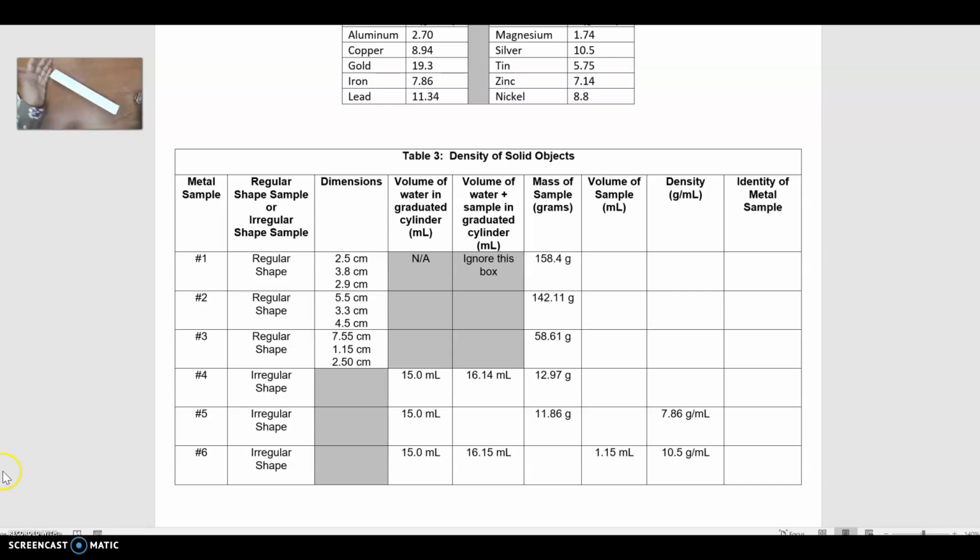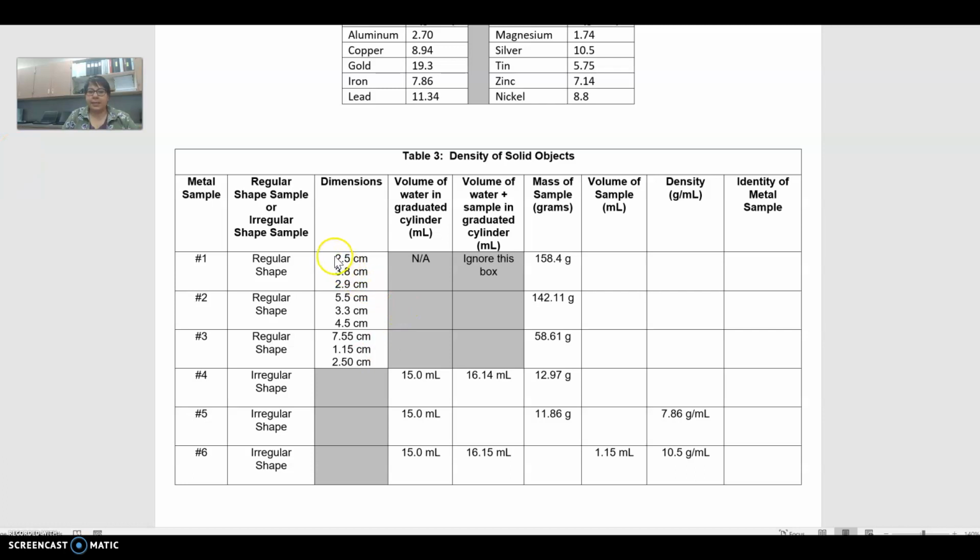If I take those three numbers and I multiply them, then I can get the volume of this regularly shaped object. Things that are kind of squarish or rectangular, that's an easy way to measure: height, width, and depth. If you have something that's cylindrical, kind of like shaped like a Coke can, then you can measure it using the volume of a cylinder, using your geometry.